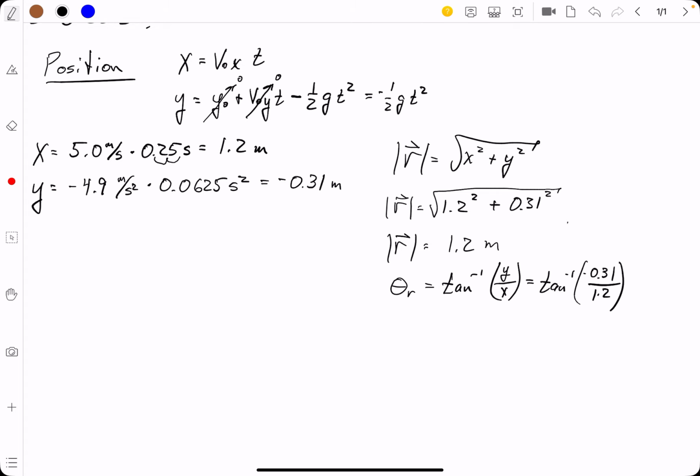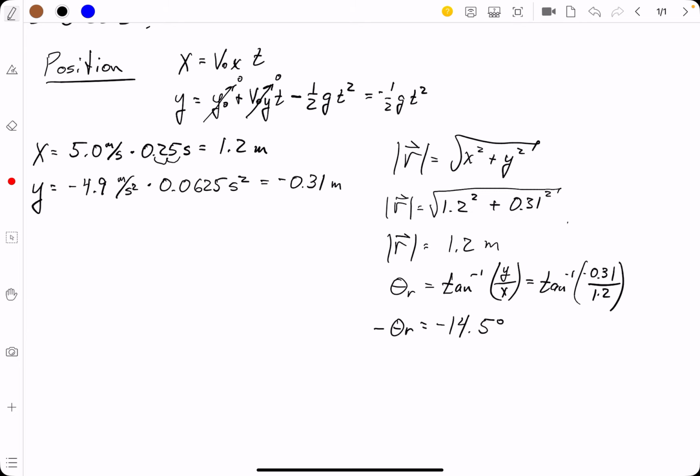What is that going to give us? It's going to give us a negative theta r, and that's equal to minus 0.5 degrees.